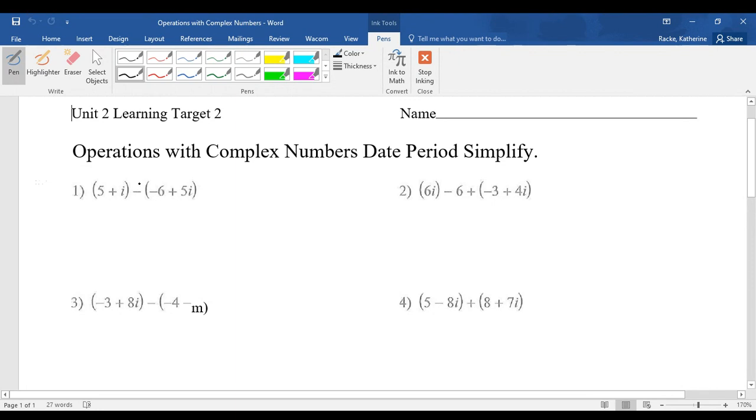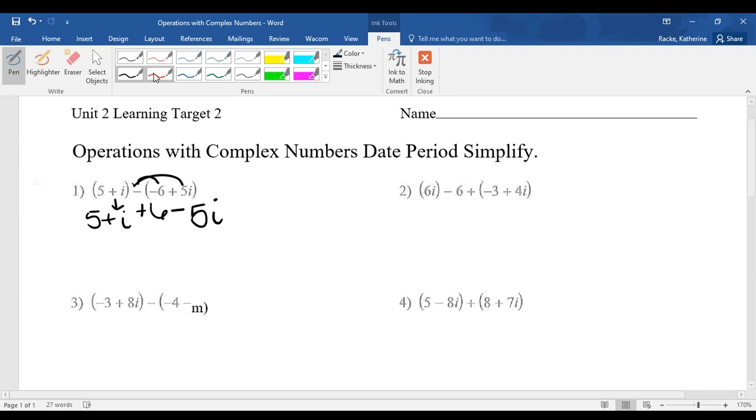So a negative and a negative here becomes a positive 6, and a negative and a positive also will then become a negative. So that would be negative 5i. And then you just carry this down, 5 plus i. And then from here, all you have to do is combine like terms.